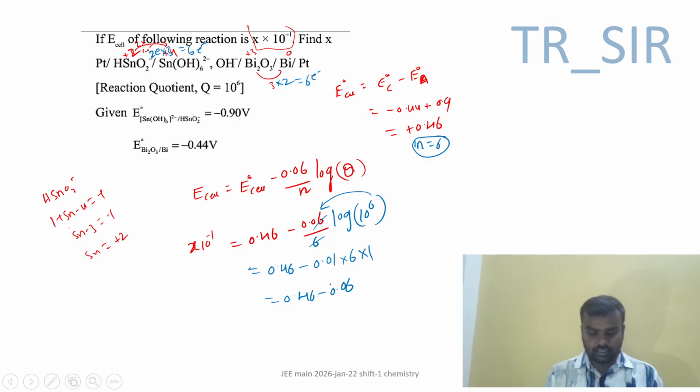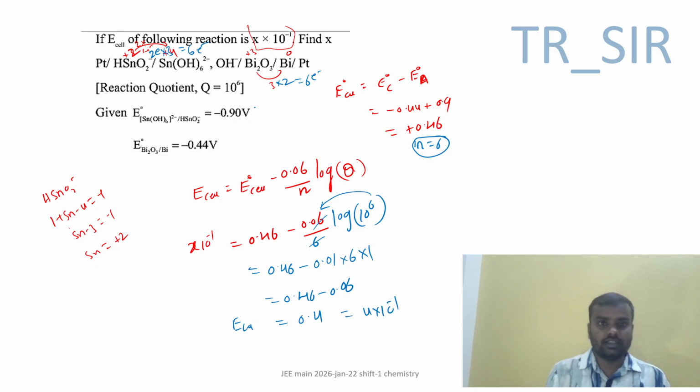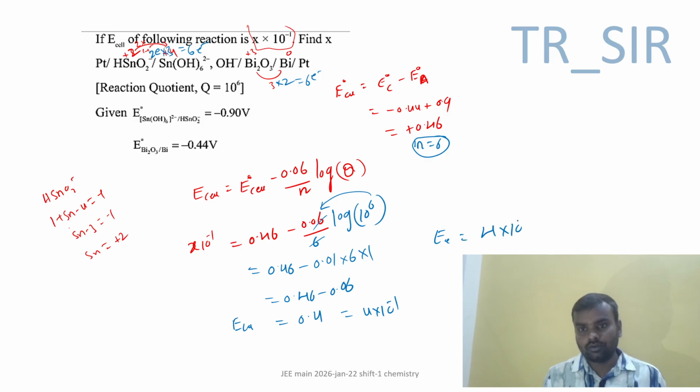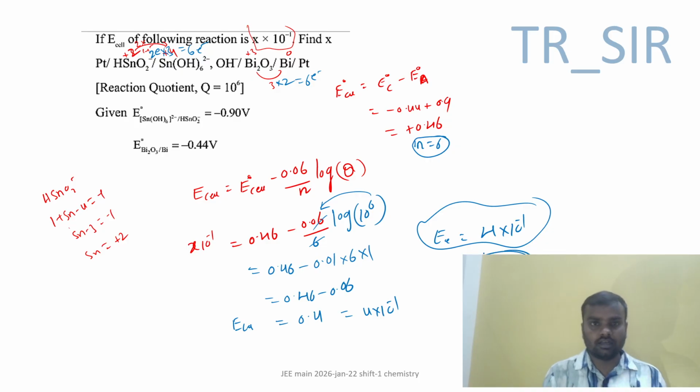After solving what we are getting, 0.46 minus 0.06, you are getting 0.4 as the answer. So 0.4 is coming, which one? That is E cell value. They are asking E cell value into 10 power of minus 1. That means 4 into 10 power of minus 1 is the answer. So E cell value is equal to 4 into 10 power of minus 1. So x is equal to value how much? 4 is the answer.